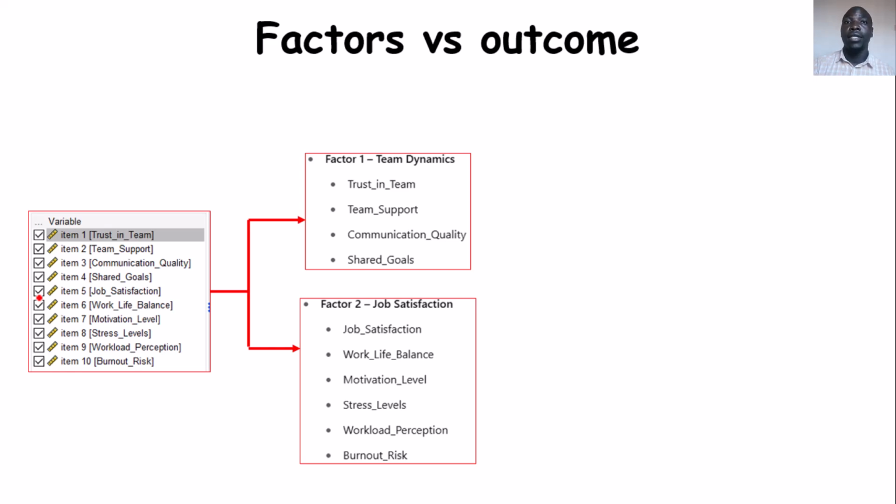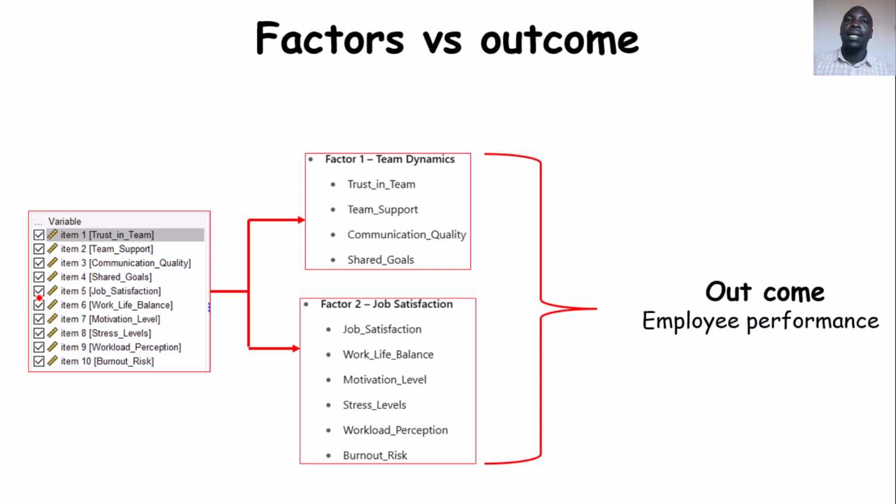In your extraction, you may even have more than 2 factors. So what we want to do is, how do I now use these results of factor analysis, the 2 new variables, as new independent variables to assess the relationship between them and my outcome of interest. Our outcome of interest is employee performance. So let's go to the computer and see how it is done.